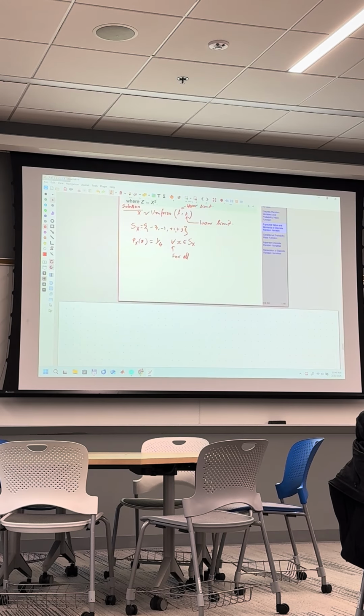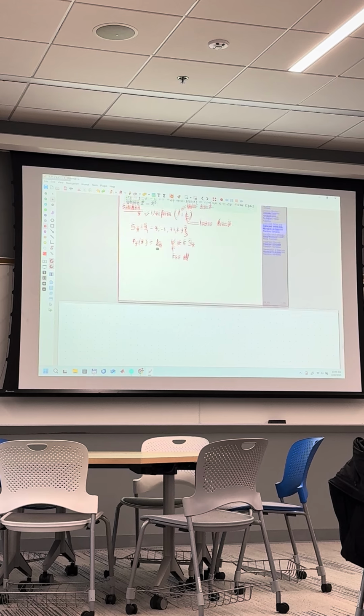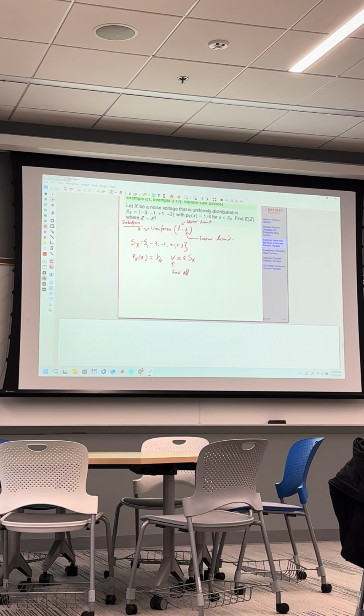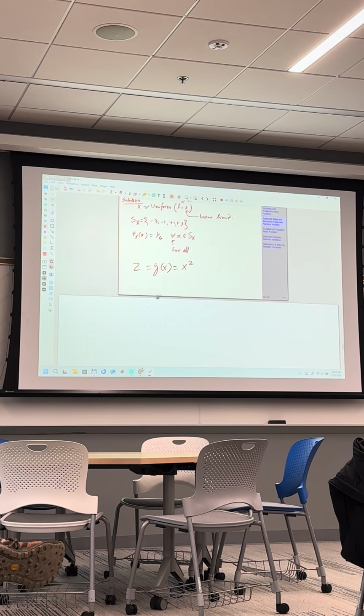I'm going to use this formula for the expected value of Z. Z, which is g of x, is basically x squared. This is given, so I can directly use the formula.